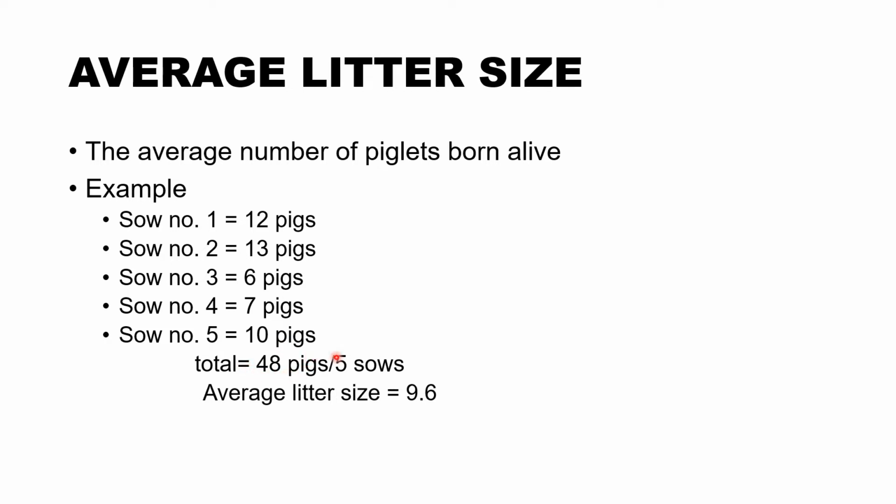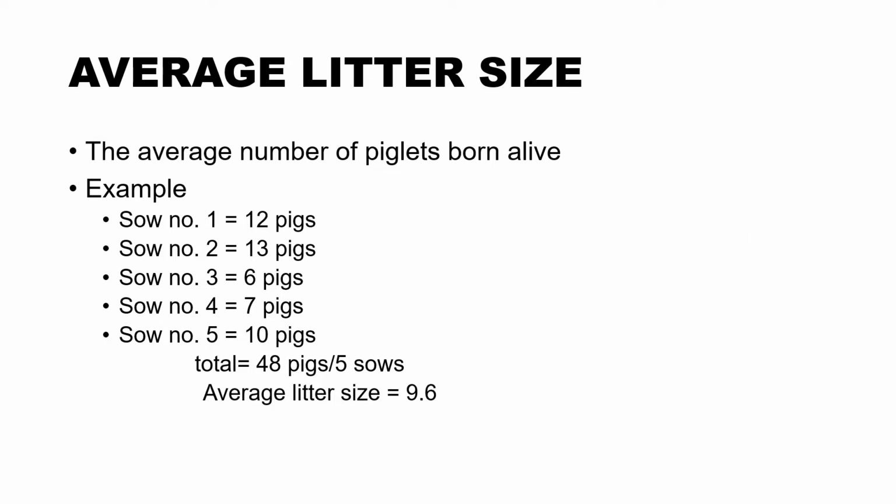Now, you divide it by the total number of sows na may anak na buhay. So, that is 5 sows. So, 48 divided by 5. Yung average litter size natin will be 9.6. So, yun yung pag-compute ng average litter size at saka yung definition niya. Basta tandaan, average number of piglets that are born alive.